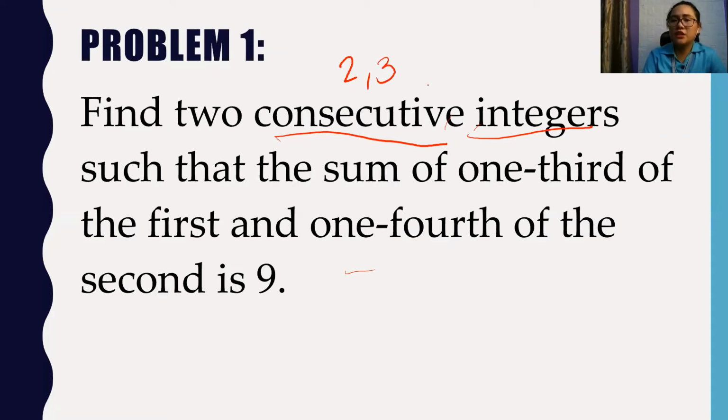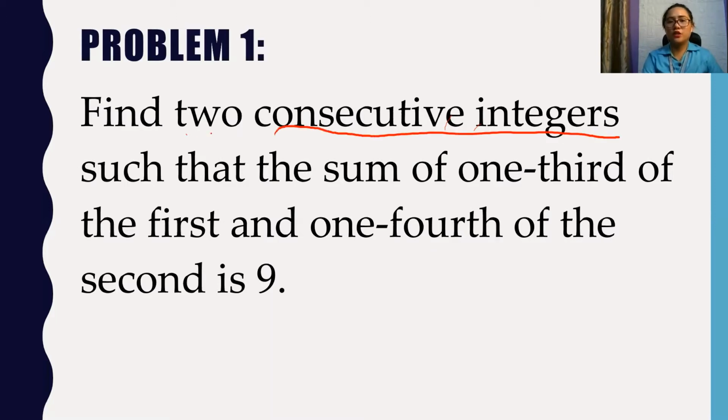If we have integer of 4, ang sunod niyan ay 5. So magkasunod, like 23 or 24. So, consecutive integers. Now, when we say sum, okay, yung mga naka-underline yung importante ha. So, una yung consecutive integers. Yun yung hinahanap to find the two consecutive integers.